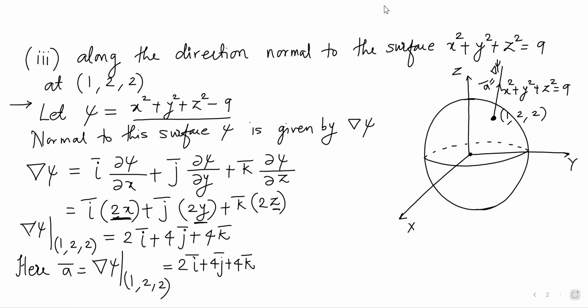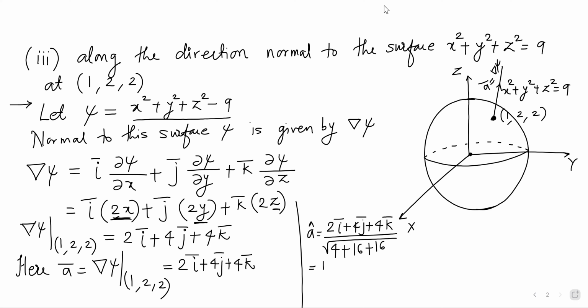Now what we have to do, to find the directional derivative, is find a cap, correct? So what is our a cap? A cap is 2 i bar plus 4 j bar plus 4 k bar divided by the square root of 4 plus 16 plus 16. That is 32 plus 4, which is 36.